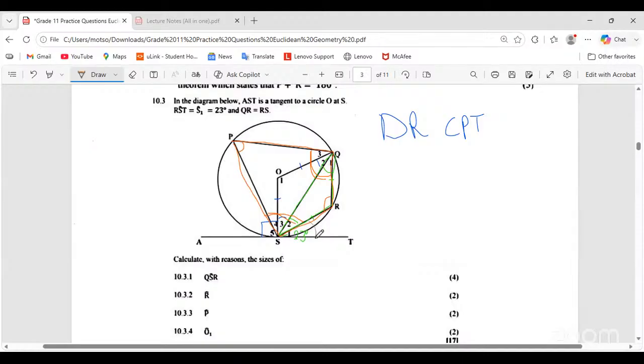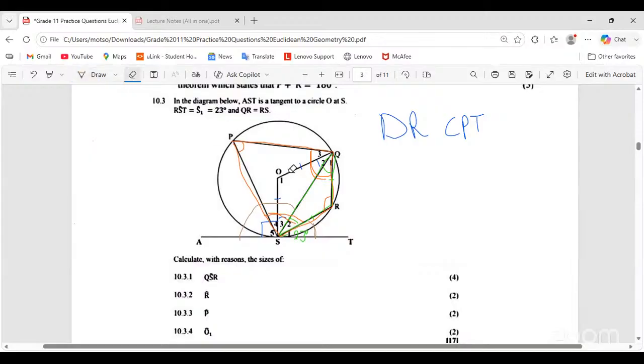This angle between the tangent and the chord is equal to the angle inside that triangle that is opposite the chord. Also, this angle between this tangent and this chord is equal to the angle inside the triangle that is opposite the chord, which is this one right here. I think we are done with our analysis.